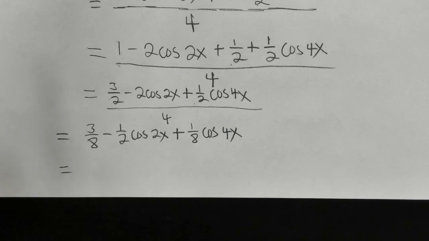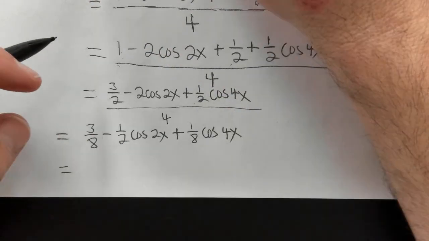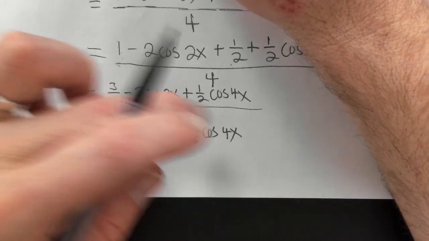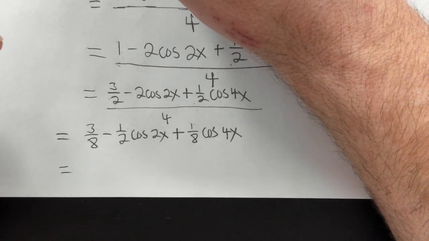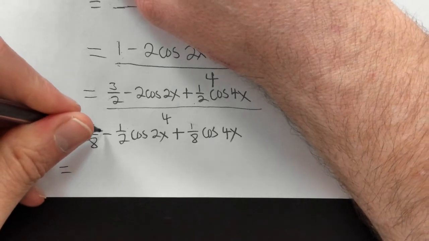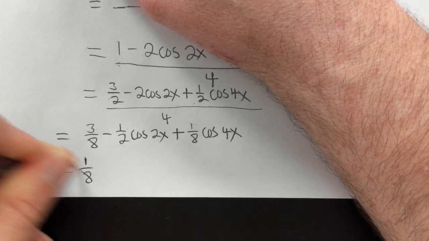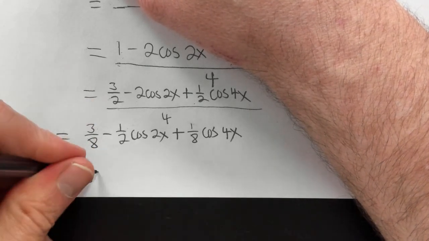So I'm going to pull a 1/8 out of here, which means I'm going to really multiply everything here times 8, right? So if I'm pulling out a 1/8, then I'm multiplying everything times 8, because typically you're dividing by whatever you've got to pull out there, right? So here this will be if I multiply by 8 here, so I'm pulling a 1/8 out of here, which means I'm dividing by 1/8, which is times 8 is what I'm getting at.